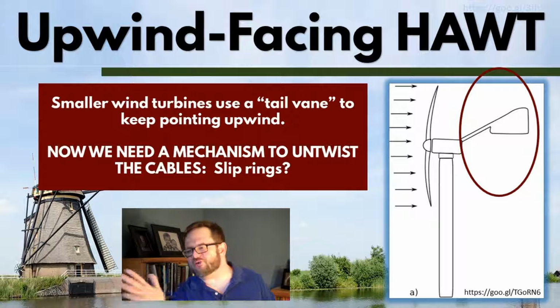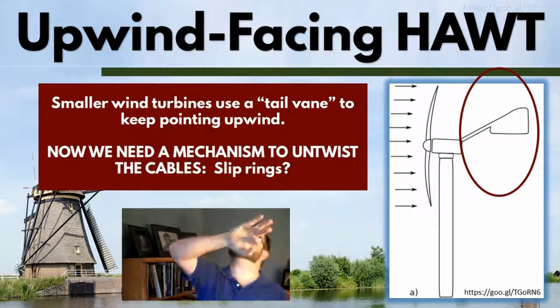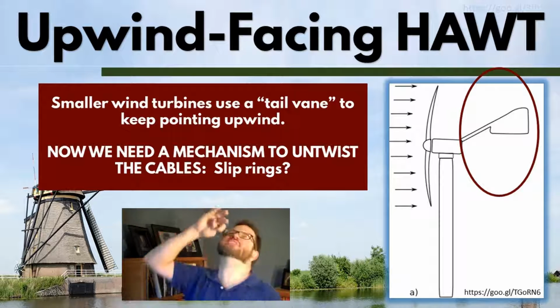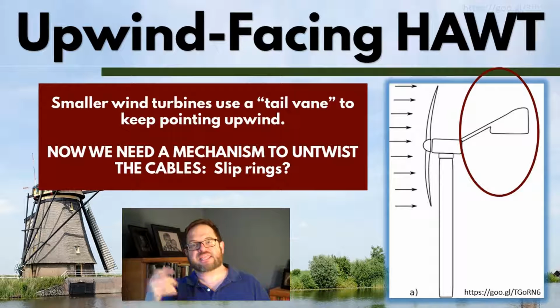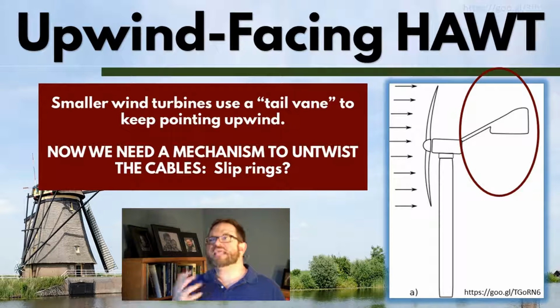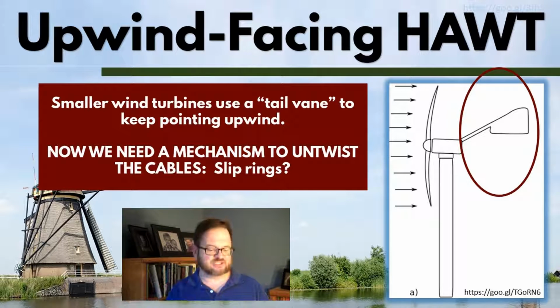Do we in general expect the wind to yaw through 360 degrees and then yaw through 360 degrees the same way and get the cables all tangled up? In certain regimes, that's going to be more common than others, in certain locations and so on. But that's something you're going to have to know before you decide if you're going to put a wind farm or whatever in a particular location and how you're going to address that problem.